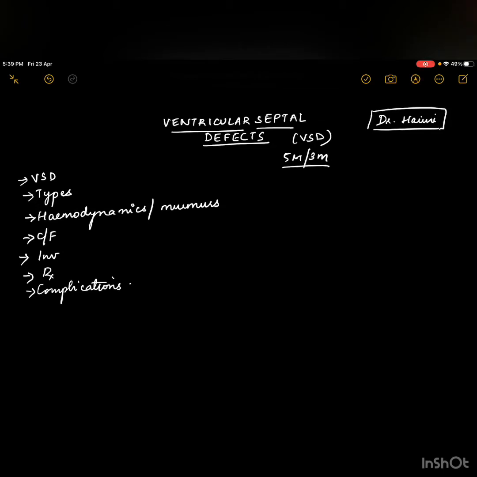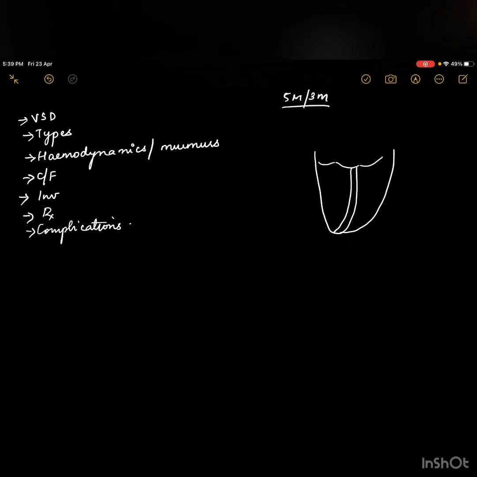So firstly, both the ventricles of the heart are separated by a septum, and any congenital defect in this septum leads to various clinical manifestations, and this is known as a ventricular septal defect. Depending upon the location of the defect, it is divided into two types.